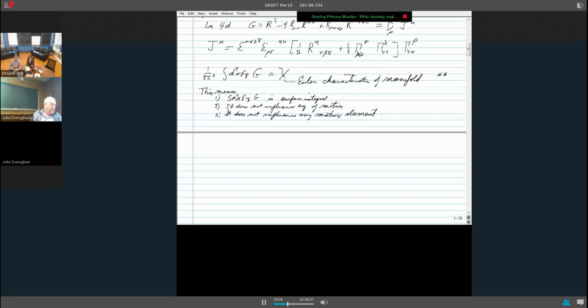Okay, we've run across those before. That means it does not influence the equations of motion. Okay, any surface term doesn't influence any local dynamics. It does not influence any matrix element.